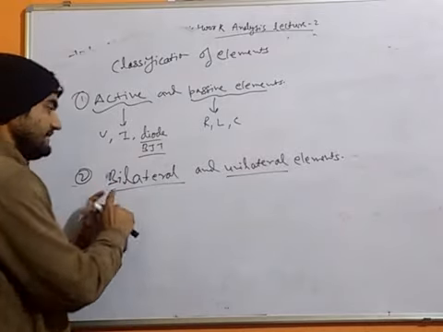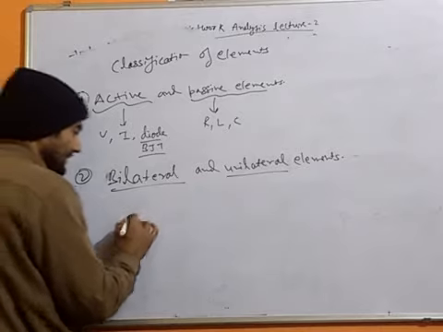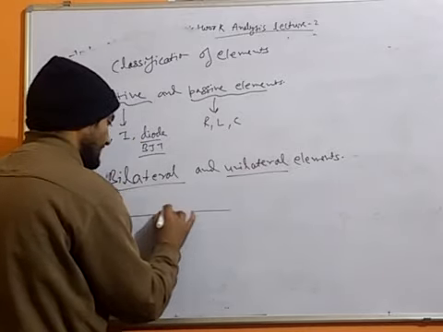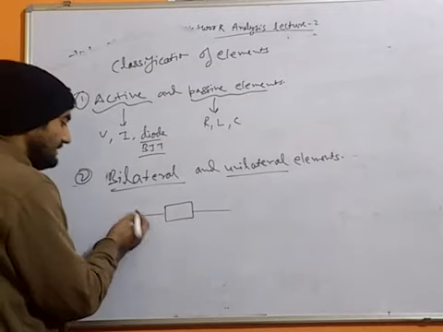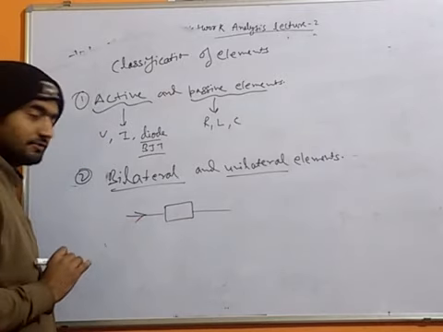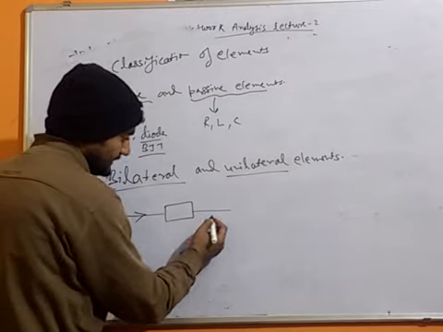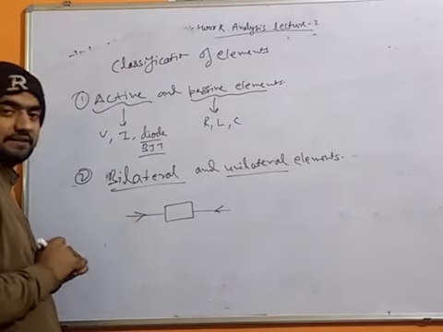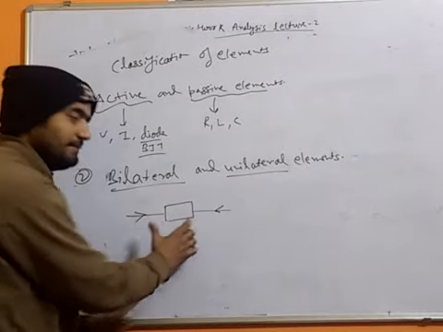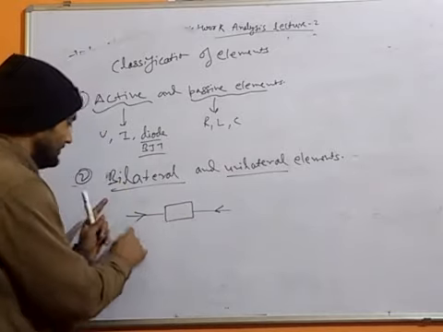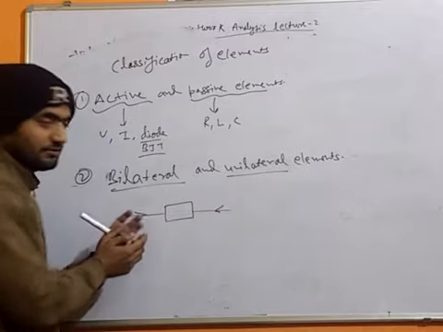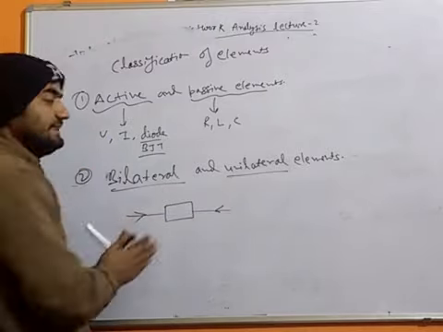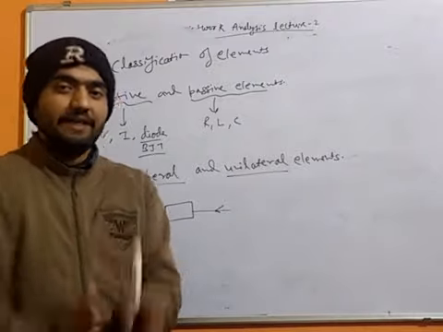Bilateral: bi means from both. If for any given element, either we are supplying the current through this direction or from that direction, from any direction, the property of the element doesn't change due to the direction or the polarity of the applied source, then that element will be called bilateral.